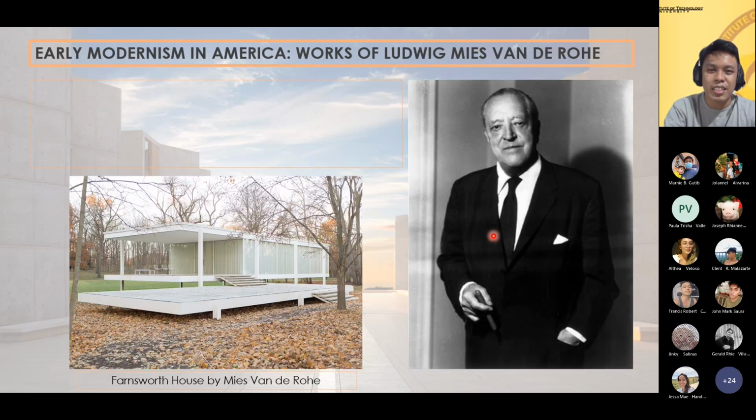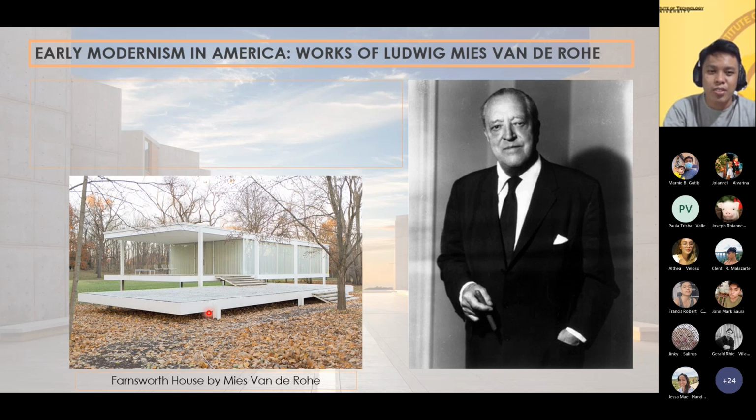Okay, so another famous architect during modernism in America is Ludwig Mies van der Rohe. So here, if you notice this structure, the Farnsworth House, it's now also open in Lumion. Are you familiar with this one, right? Farnsworth House.